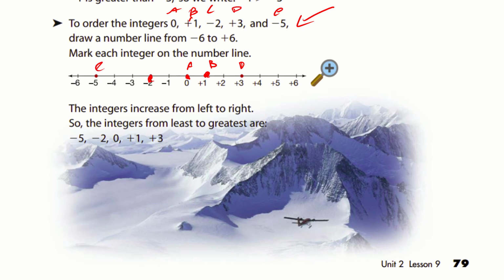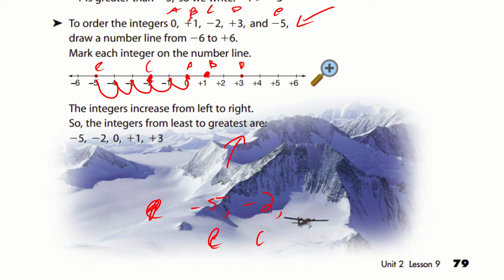Now this should be pretty easy. If you went least to greatest, that's what we're doing here, you're first going to start off with E, which is negative 5. The reason why is it's 1, 2, 3, 4, 5 away from 0. Next comes negative 2, which is C. I'm going to write it down here, actually.